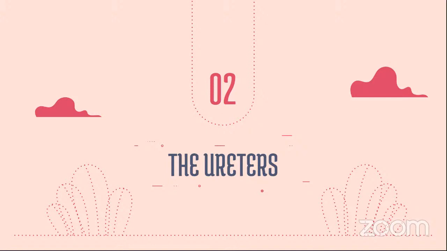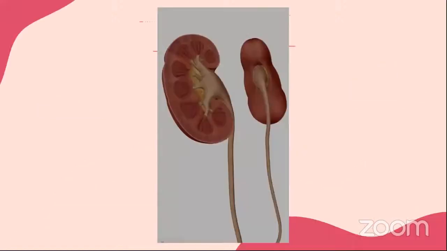If the urine backs up, it can cause some infections. The length of the ureters is between 25 centimeters to 30 centimeters in adults.